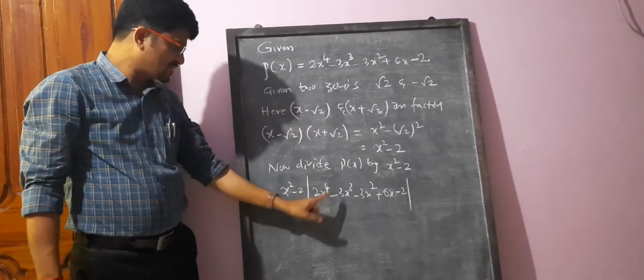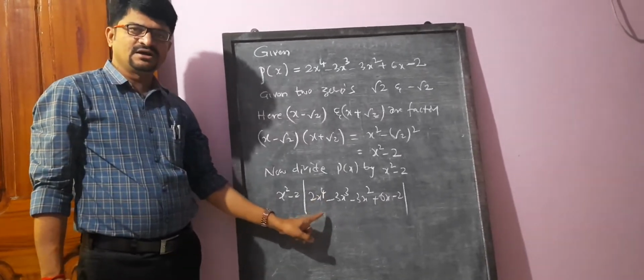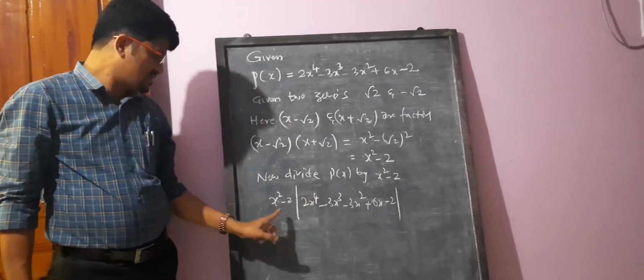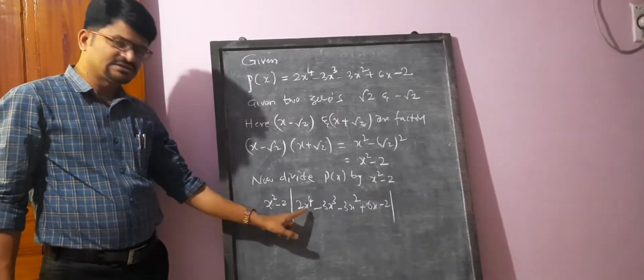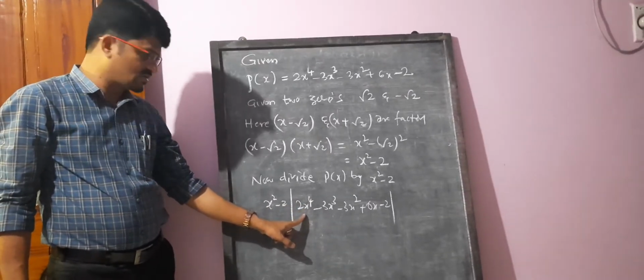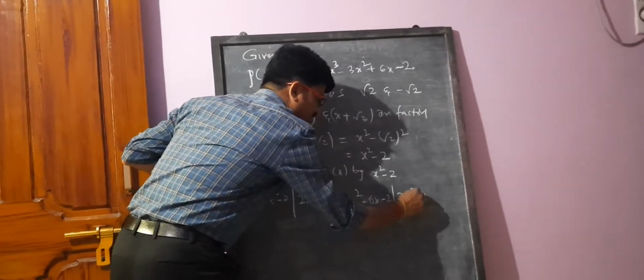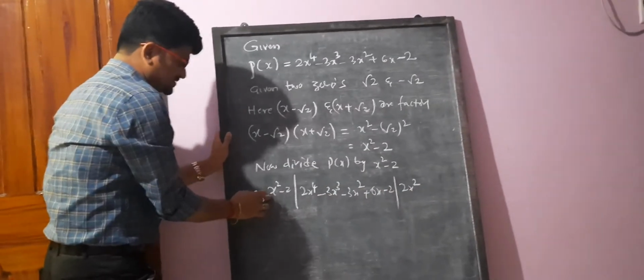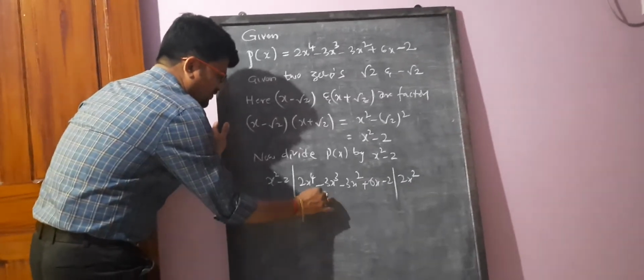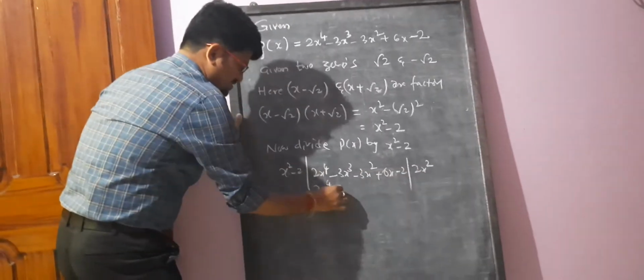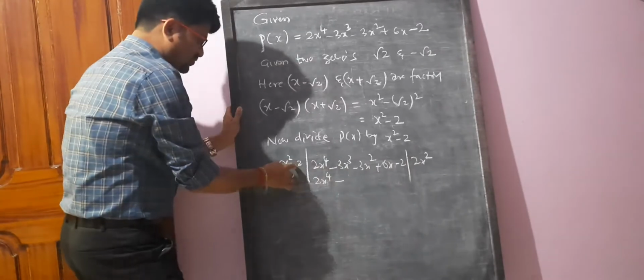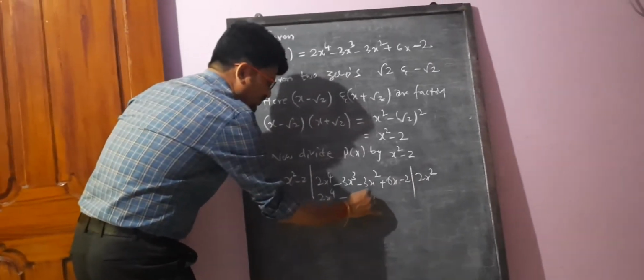Clear, children? Now what is the first term of this dividend? 2x to the power of 4. Here x square. With what shall we multiply to get 2x to the power of 4? 2x square. 2x square into x square is 2x to the power of 4. 2x square into minus 2 is minus 4x square.